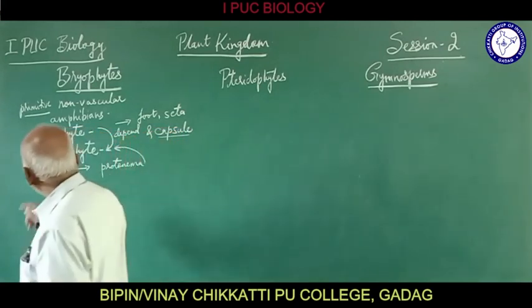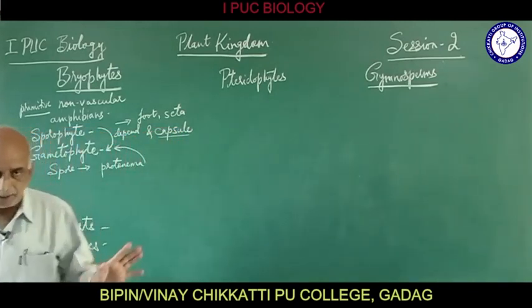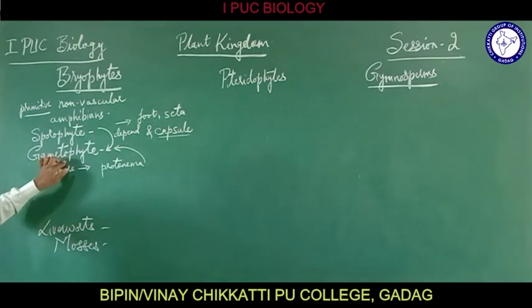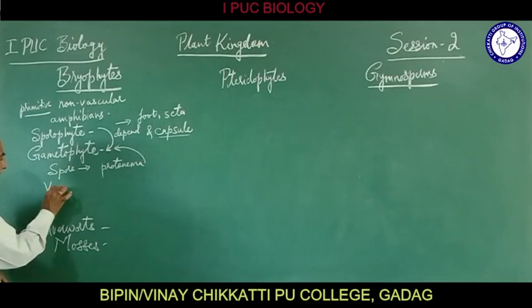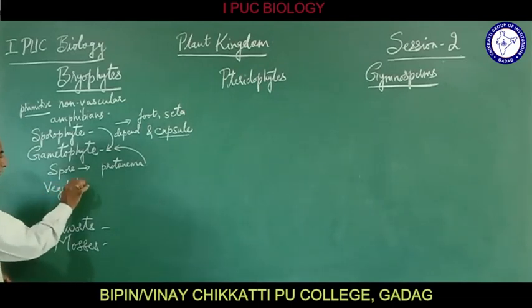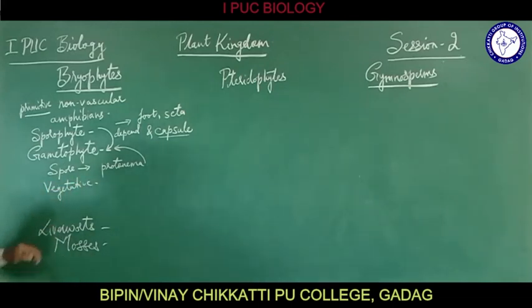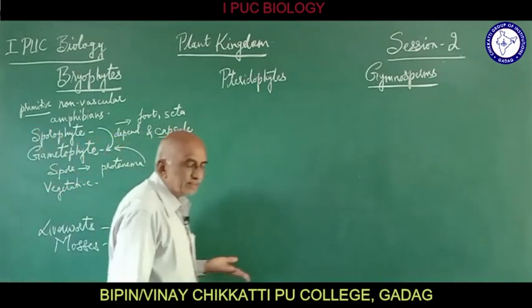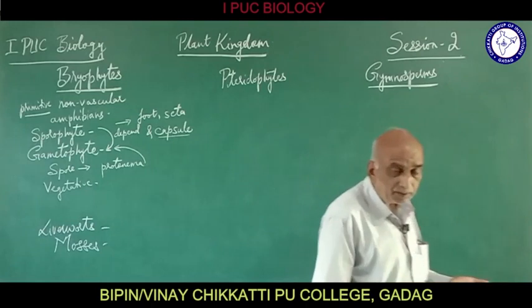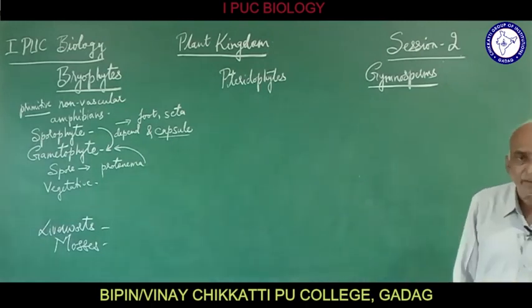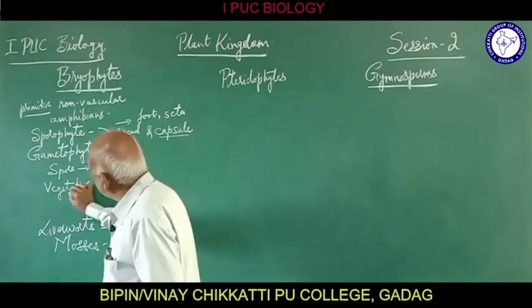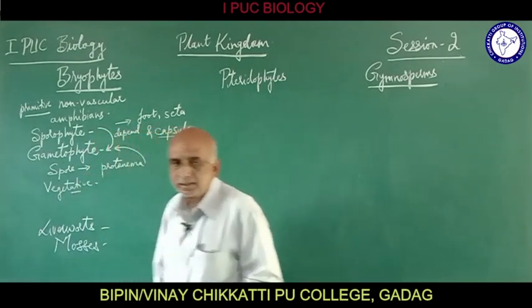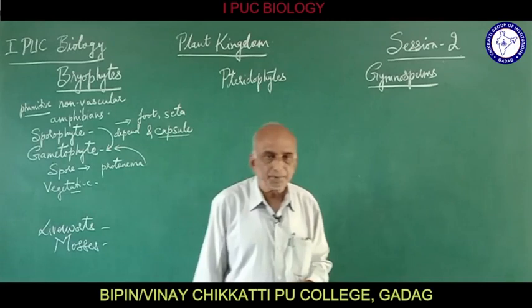Then when we come to reproduction, already in the gametophyte we have mentioned there is sexual reproduction. Now reproduction also takes place by the vegetative method. So asexual and sexual we have already mentioned. Asexual means it is in the sporophyte. Sexual means it is in the gametophyte, by the production of gametes. But the vegetative method also occurs in the bryophytes.